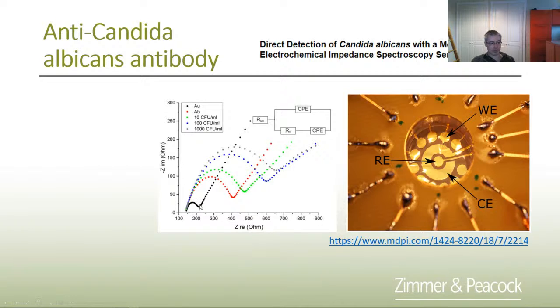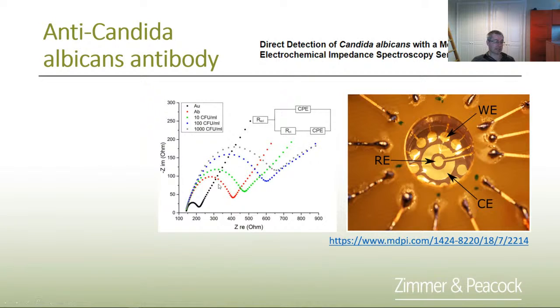It's gold, so it can pass electricity quite easily. When they put the antibody onto the surface, they get this red line, which tells you that they've now slightly blocked the surface with the antibody.